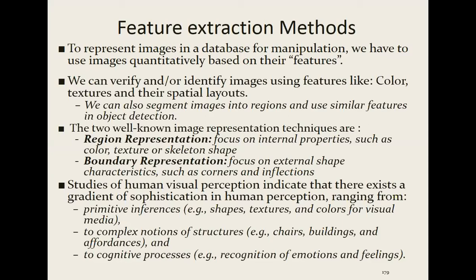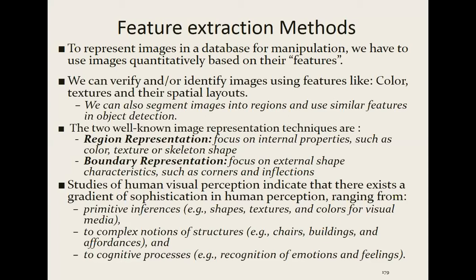So behind this, there are transitions from one color to another. In such a case, we have to go for texture. We can even use shape and structure as a representation for the image. Those are the region-based representations, which analyze the internal setup of a given image.